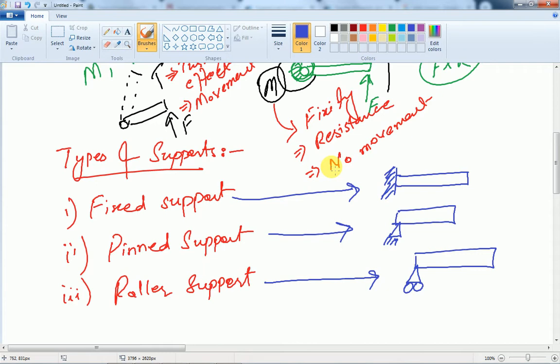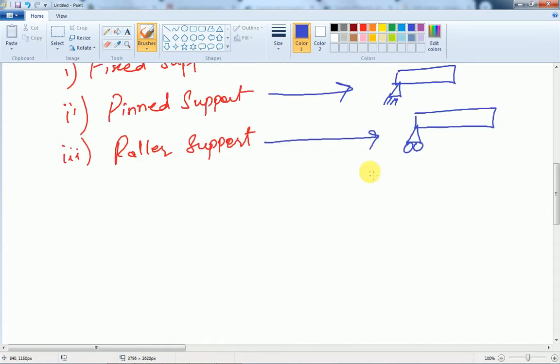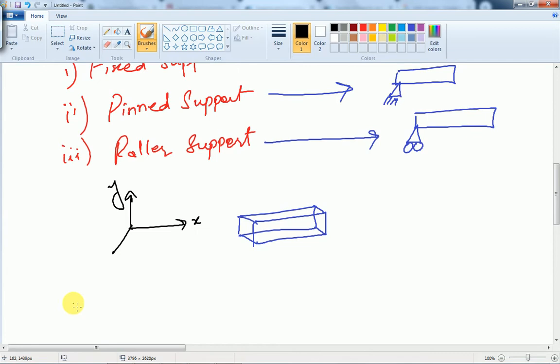For example, there is a body. Let me draw a body, and let me draw axes. For example, this is the x-axis, this is the y-axis, and this is the z-axis.